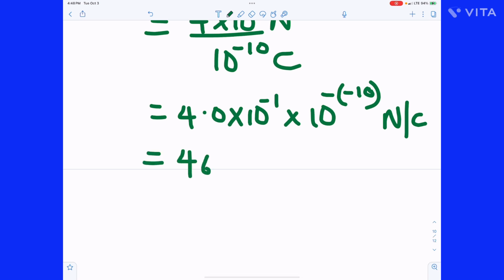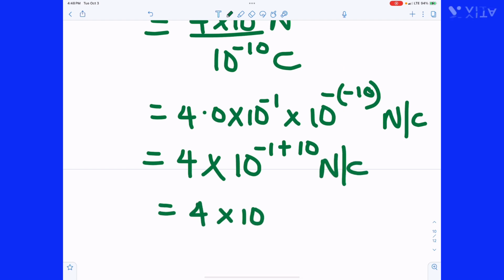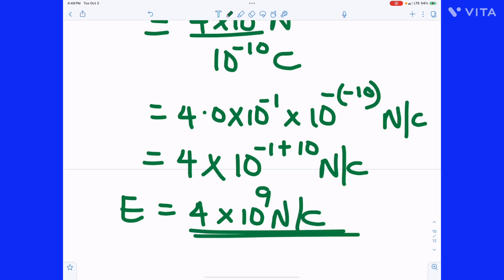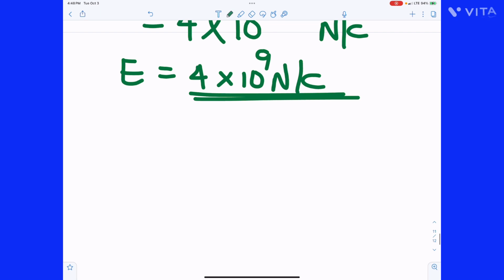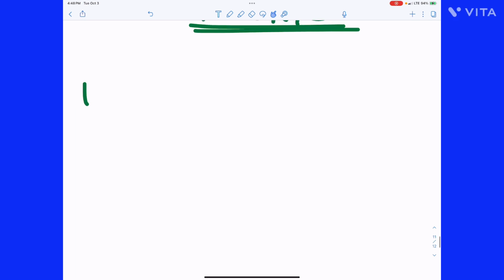That gives us 4 times 10 raised to the power minus 1 plus 10, which is 4 times 10 raised to the power 9 newton per coulomb. That's the electric field strength in that field. Should it be number 10 or number 9? Okay, it should be number 9.